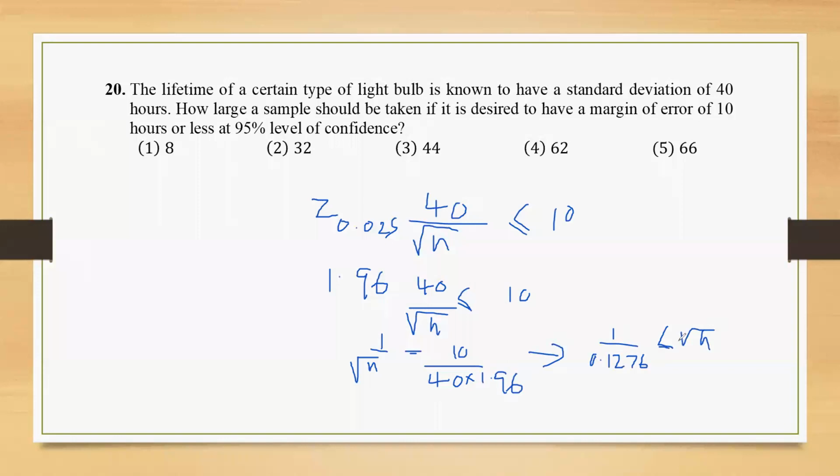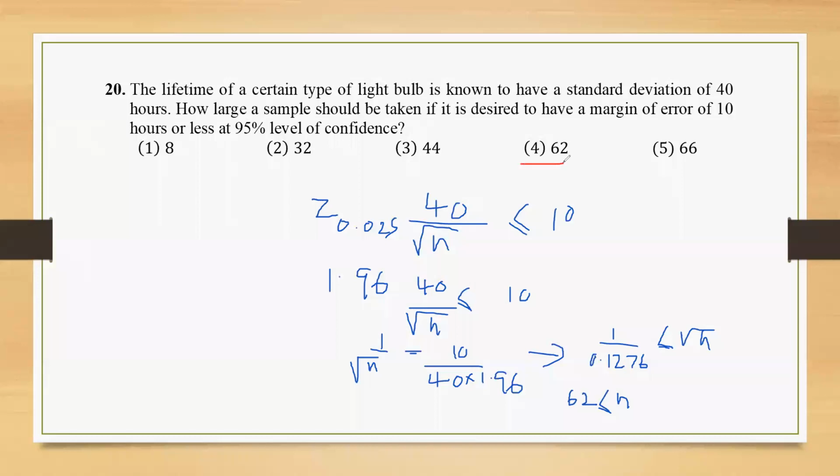So now you can square both sides. Then the answer is n less than or equal to 60. It means the minimum sample size is 62.